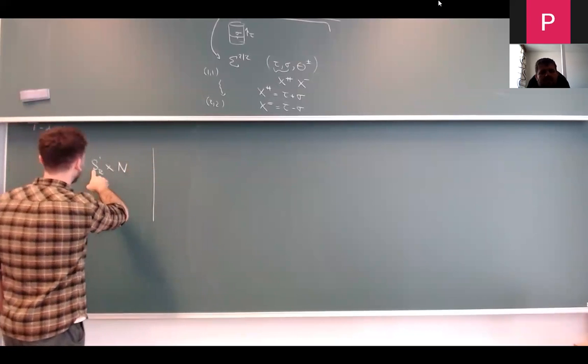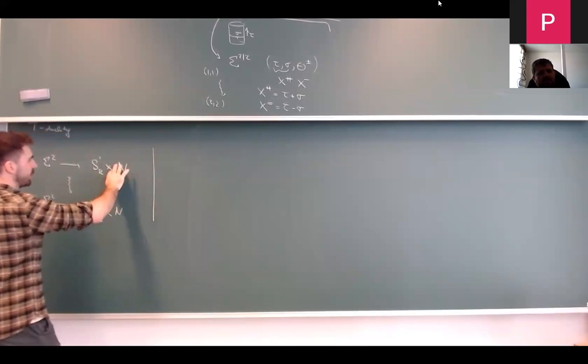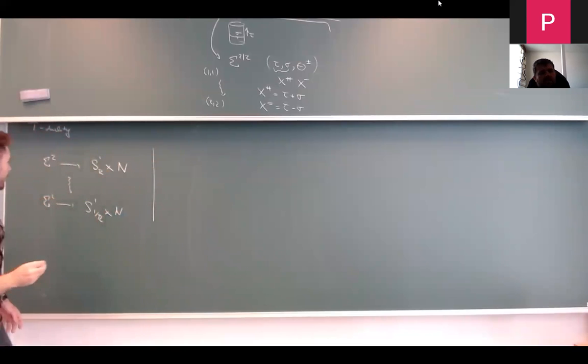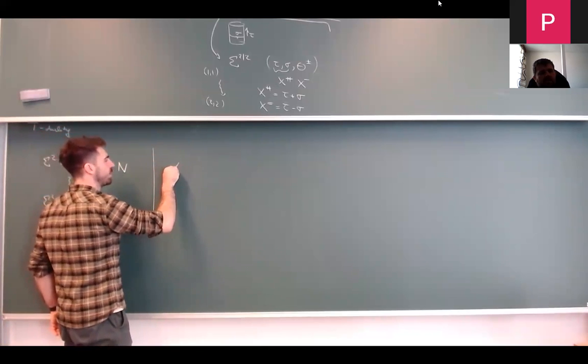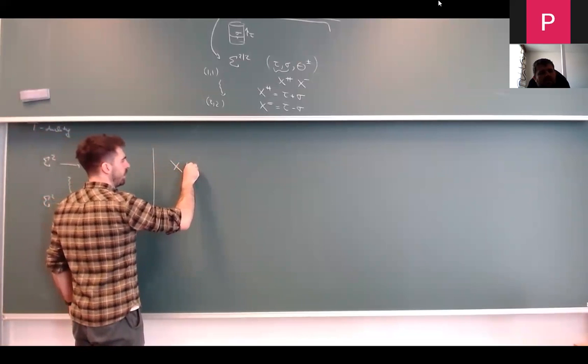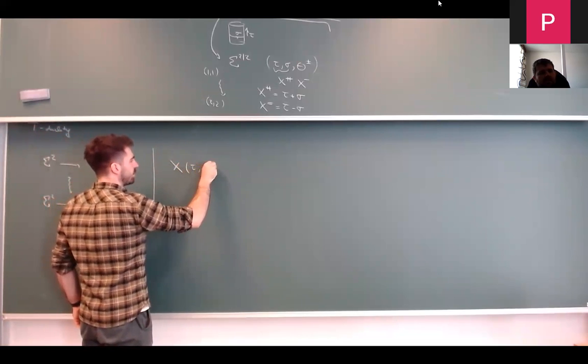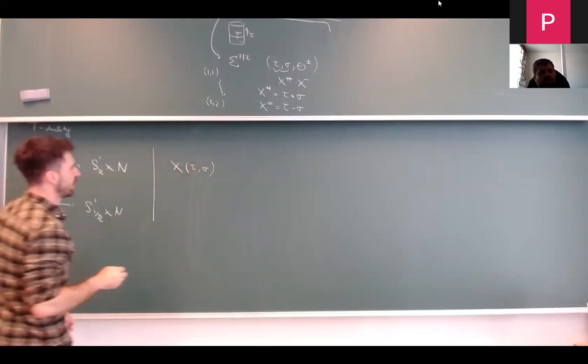So how does that work? If I just single out this S1, I'll forget about the rest of the target space. I can look at my embedding coordinate.